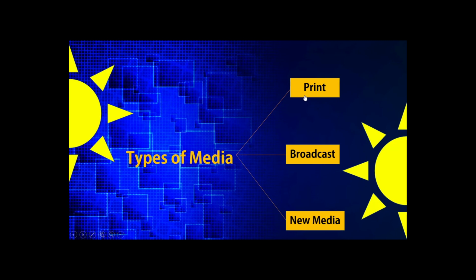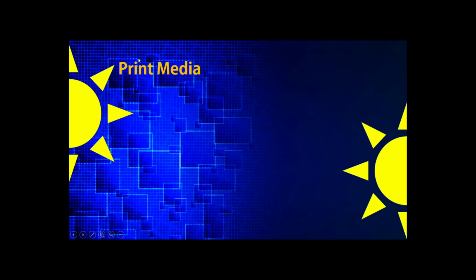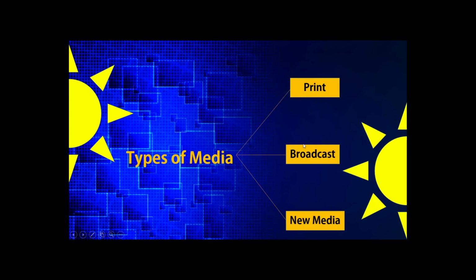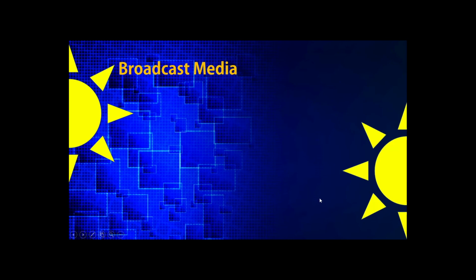If you have a hyperlink and you hover your mouse over the hyperlinked item, the cursor will change to a hand. So let's say print will give me print media and examples, and then I want to go back. See, I want to go to broadcast, and so on.